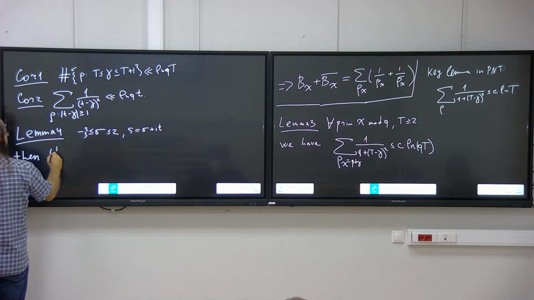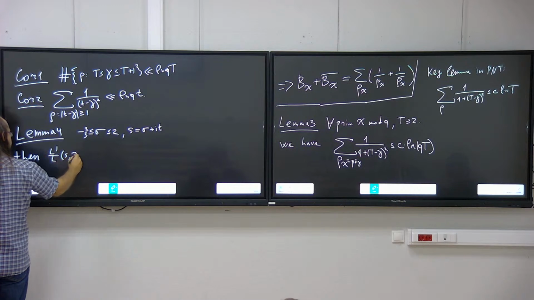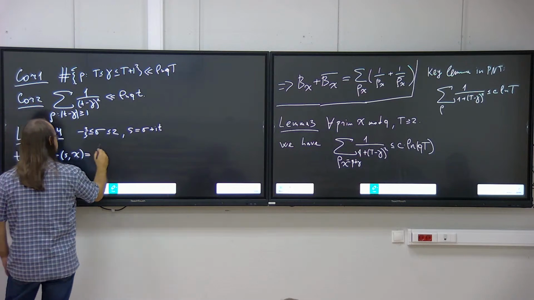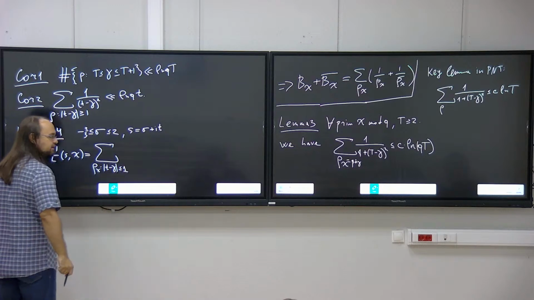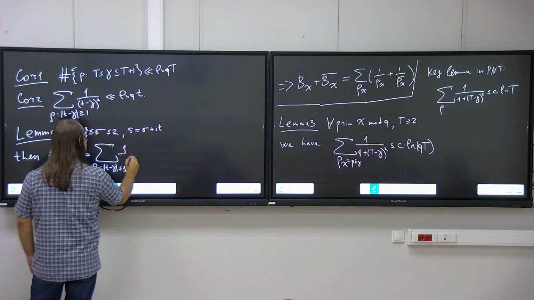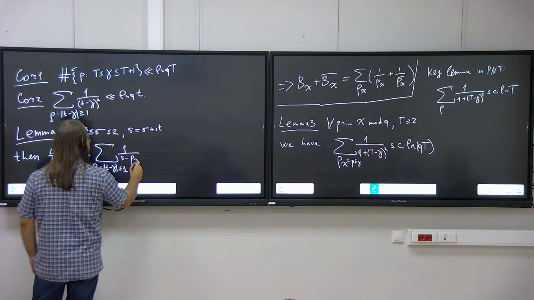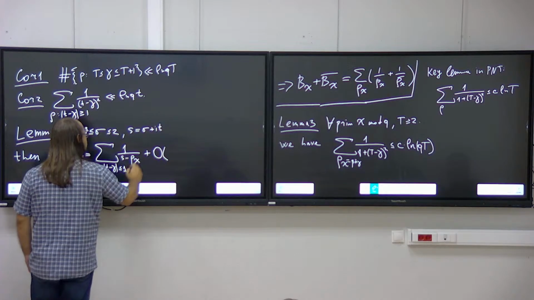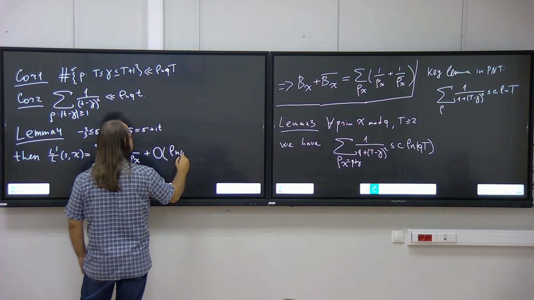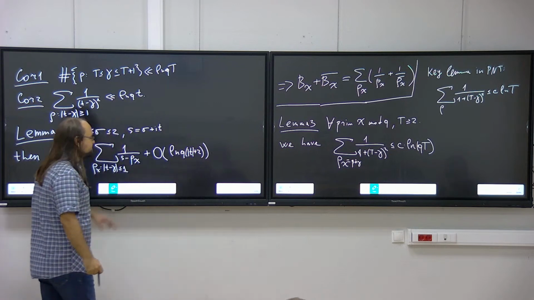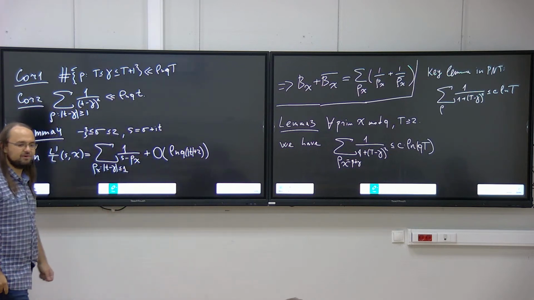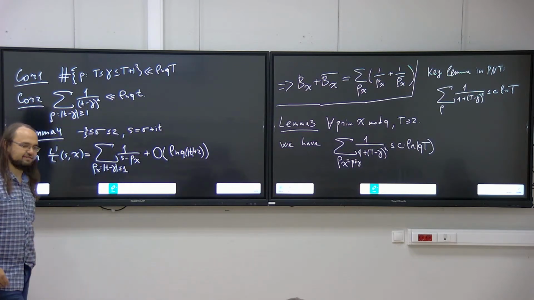Then L prime over L of s, chi is equal to the sum over all rho chi, the absolute value of t minus gamma is at most 1, of 1 over s minus rho chi, plus big O of logarithm q times absolute value of t plus 2. Sometimes we need to apply this formula when t is small, so let's write it like this.